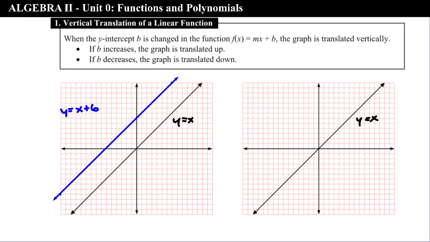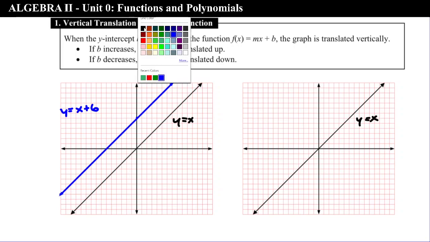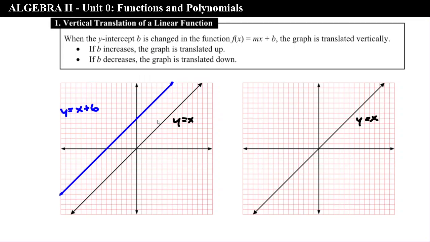And so this would be our translated line. Let me maybe do it from here to here. There we go. So this would be our translated function, okay? And our translated function was translated up by 6 units because we went from y equals 0 to y equals 6. So the translation occurred upward.